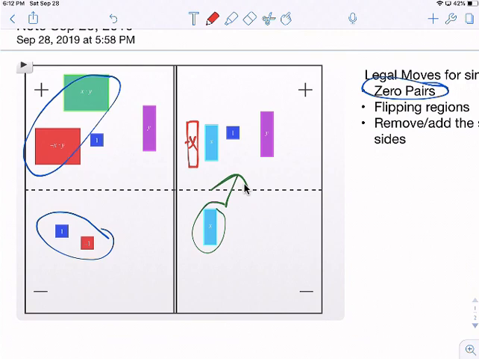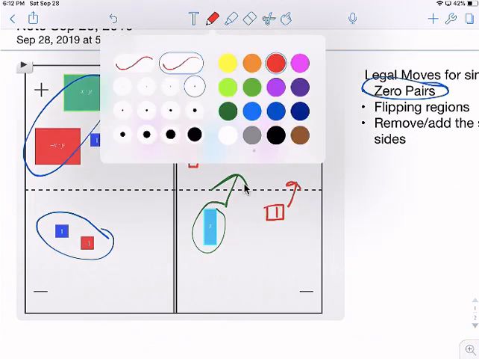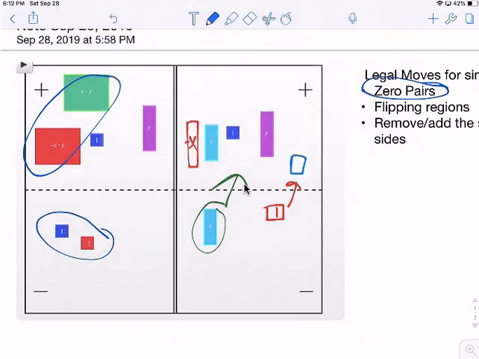So the positive x, when flipped, becomes a negative x. If we had a negative 1 down here and we flipped it up, it would become a positive 1. So there's our flipping regions.